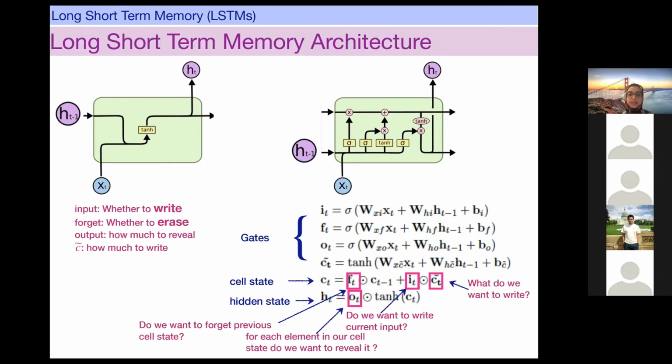We only see the h of t and the c of t. So how much of the information we have inside do we want to reveal to the outside world? And this is the basic structure of the LSTM. Before I move on, does anybody have any questions?